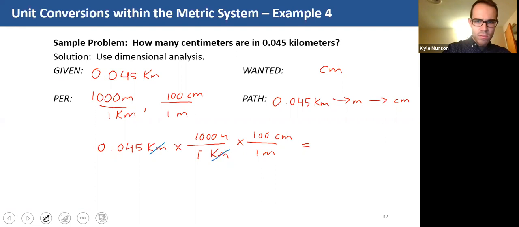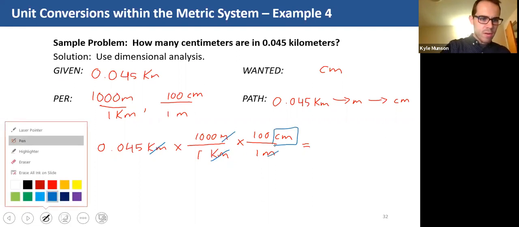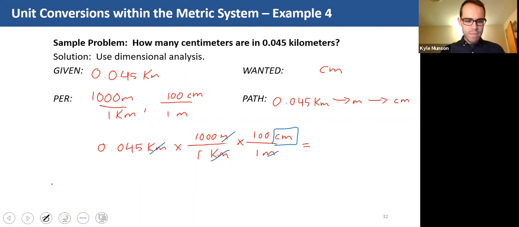Units cancel, cancel, cancel. I'm left with centimeters. So I know I did it right. And I didn't have the answer written down, so let me get out my calculator. 0.045 times 1,000 times 100. So I'm getting 4,500 centimeters.